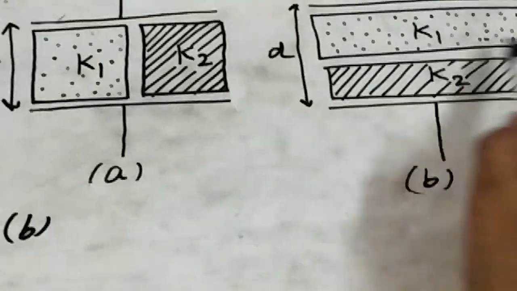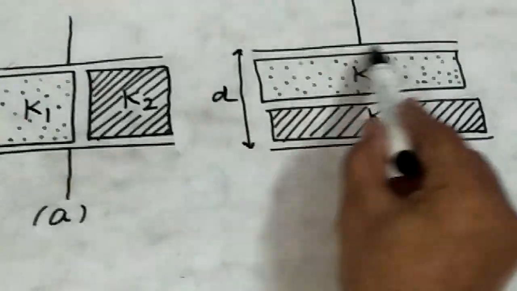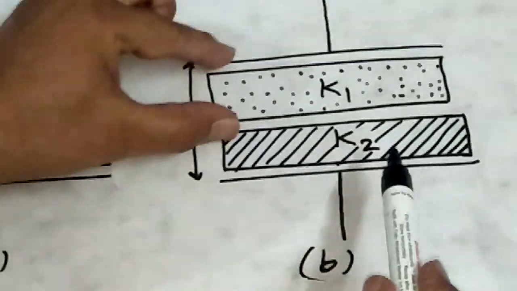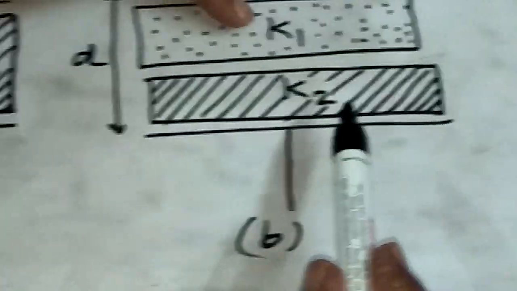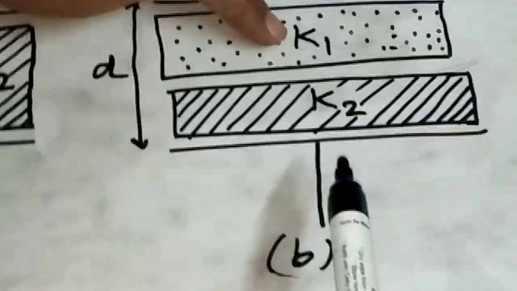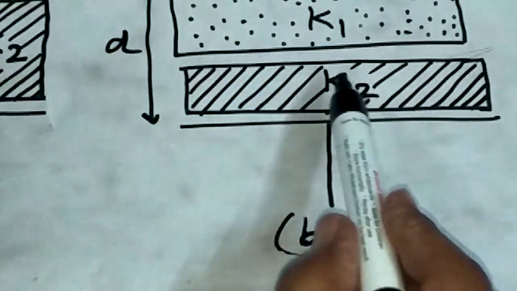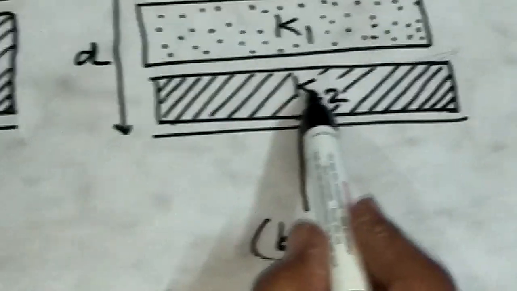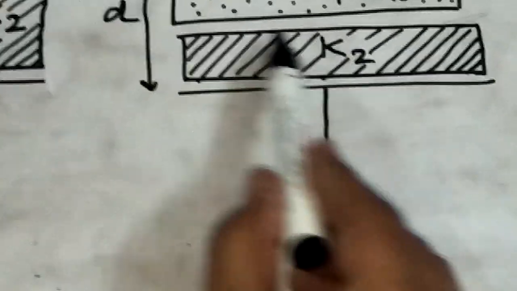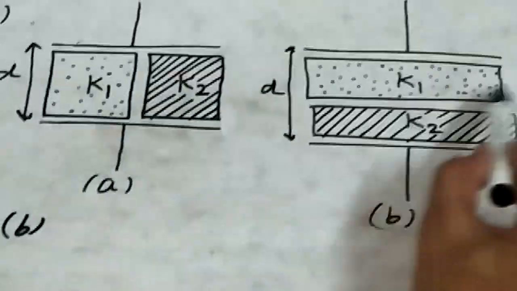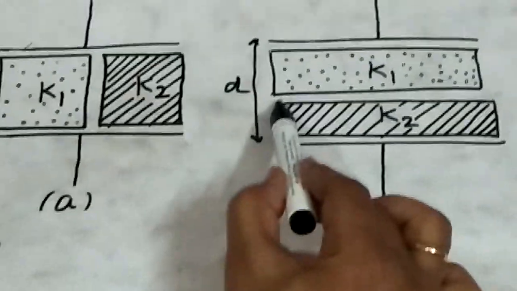In figure B, again this is a combination of two capacitors. In the first capacitor, a dielectric slab of dielectric constant K1 is introduced, and in the second capacitor a dielectric material of dielectric constant K2 is inserted. But remember this, here the area of the plate is the same, but the distance is different.